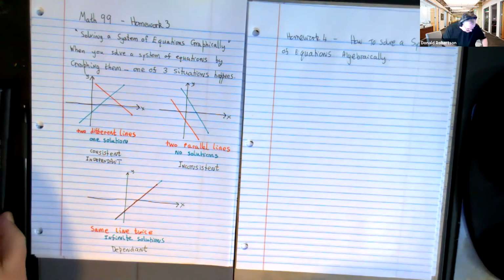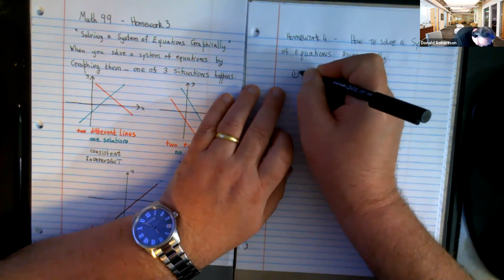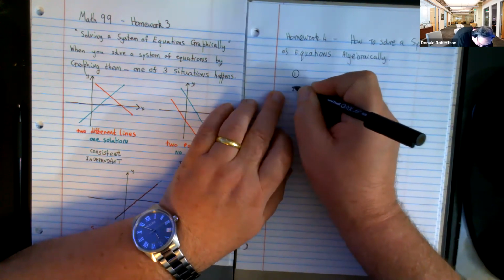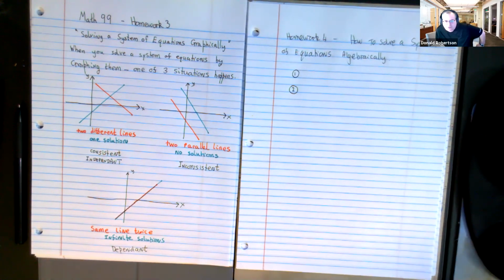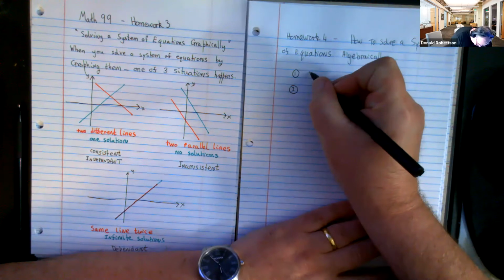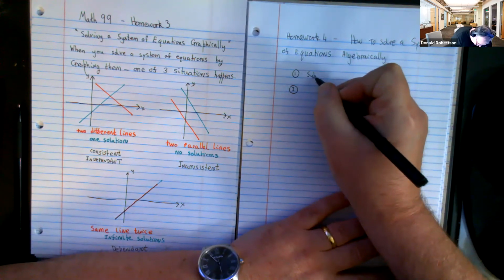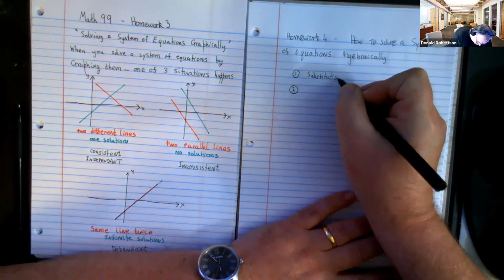Now, there are two different methods that you can use to solve an equation algebraically. It kind of depends on what the two equations look like, which method is easier or better to do. The first method is universally called the substitution rule, or the substitution method.